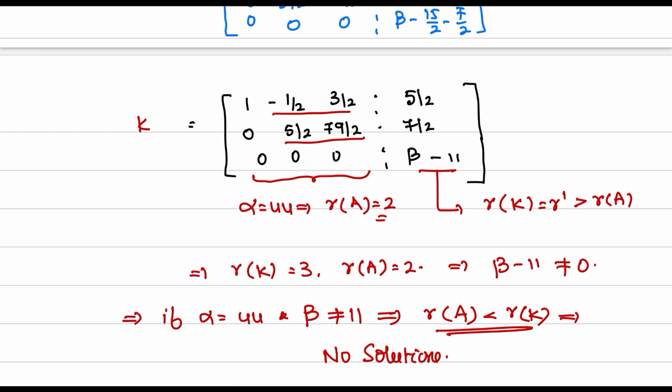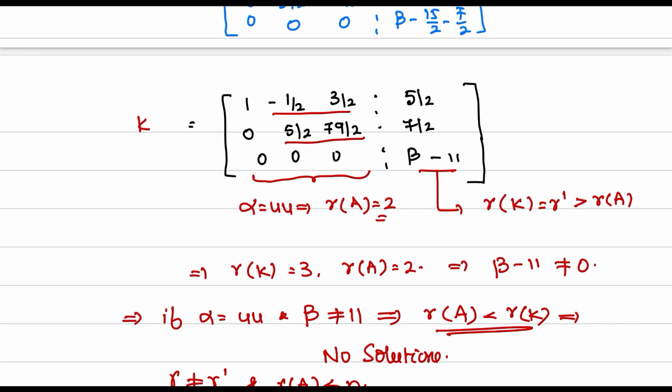For the detailed explanation, please see my previous lecture. And RA is less than N, the number of variables.